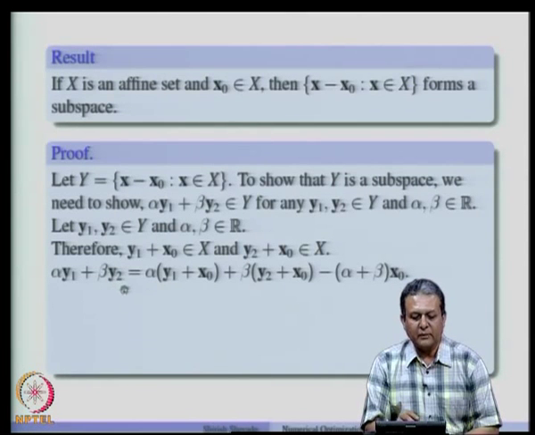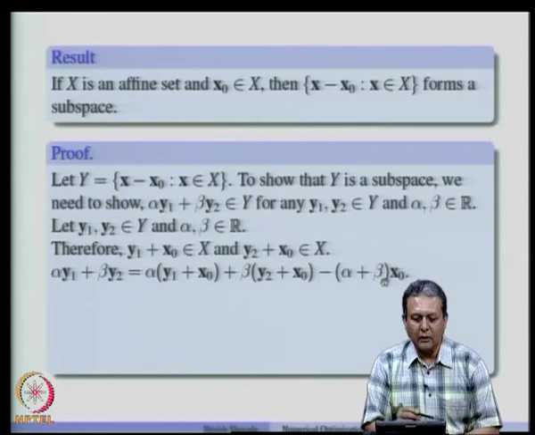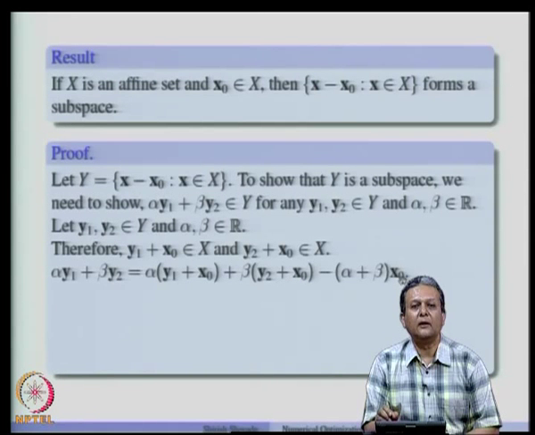So, alpha y1 plus beta y2 can be written as alpha into (y1 plus x naught) plus beta into (y2 plus x naught) minus (alpha plus beta) into x naught. Now, you will see that y1 plus x naught belongs to X, y2 plus x naught also belongs to X, and x naught obviously belongs to X, that is given to us. So, all these three vectors belong to the set X.